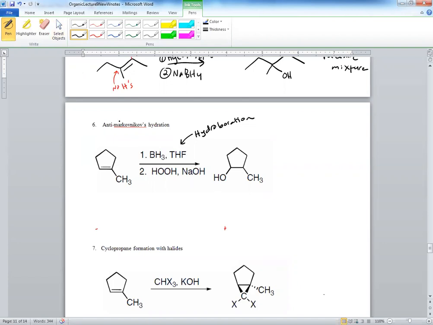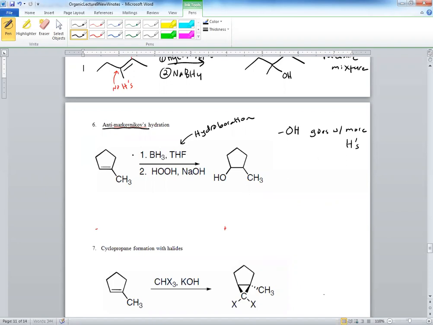So this one is anti-Markovnikov, meaning you're going to add the OH, so let me write that down, OH now goes with the carbon with more H's.